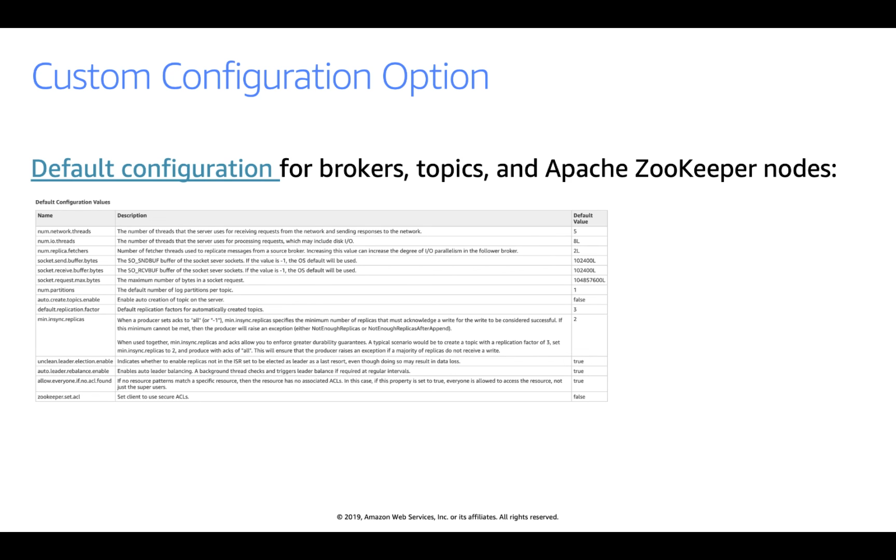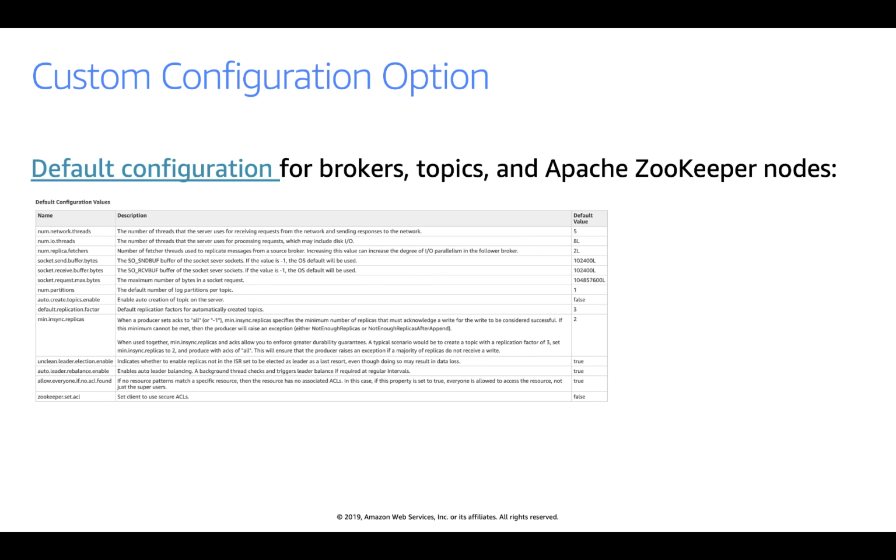Now, you can create, list, and delete custom configurations. For example, you can use the AWS Kafka create-configuration CLI, and then use it with the AWS Kafka create-cluster CLI. Use this custom configuration that you created to create a new cluster. Or you can obviously use the same for CloudFormation.